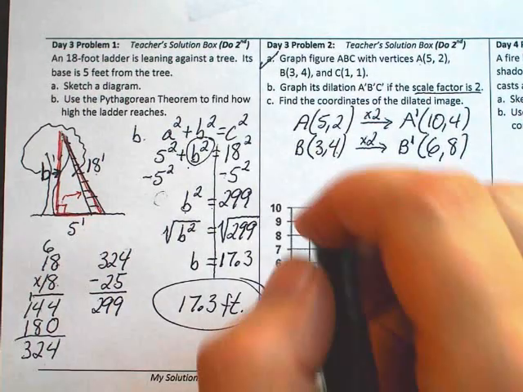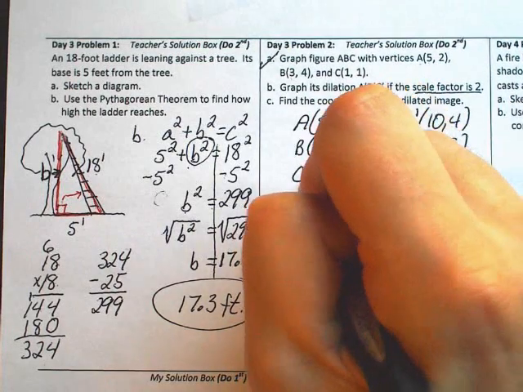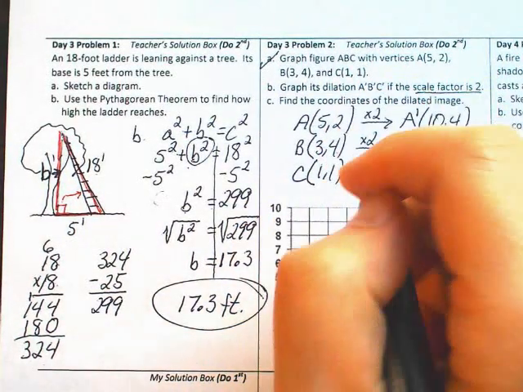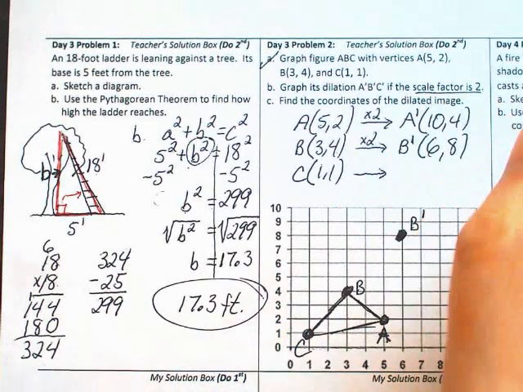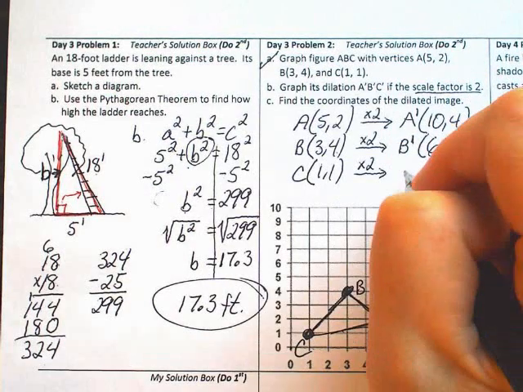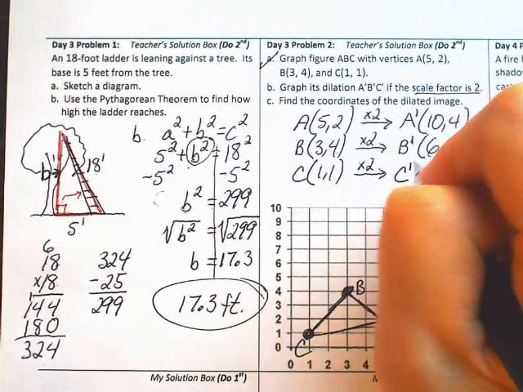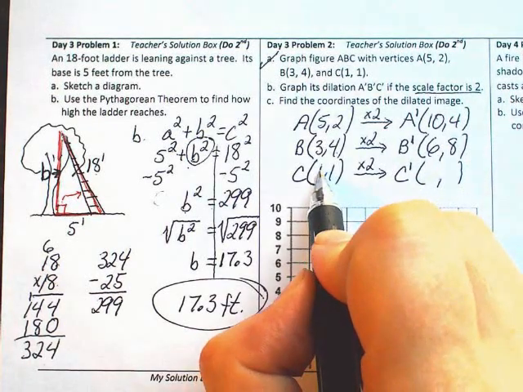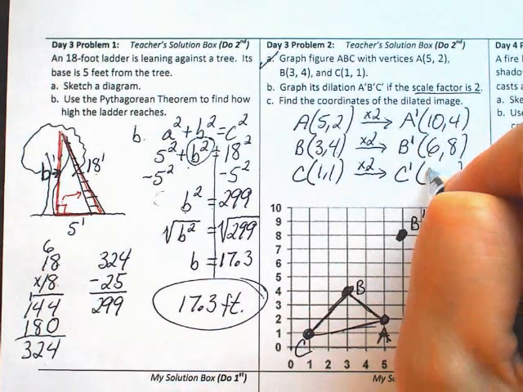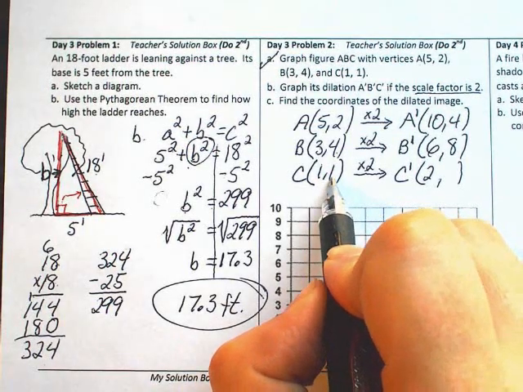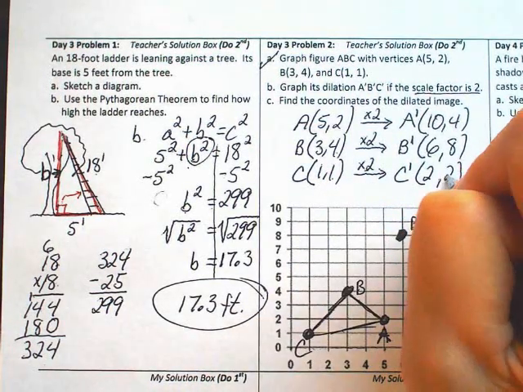One more to go. Point C. Point C is at 1, 1. And we're going to dilate it using a scale factor of 2. So we're going to multiply by 2. And that will create C prime. And its ordered pair will be, 1 times 2 is 2. And now for its y coordinate, 1 times 2 is 2.